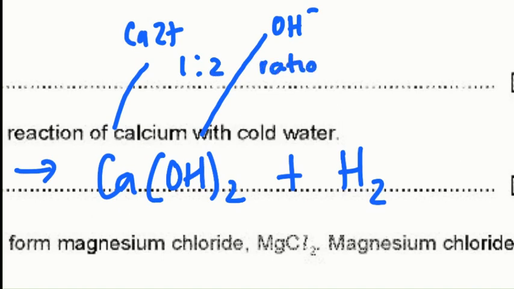And the reason why we put it in brackets is because if we put calcium hydroxide like this and we said we want 2 hydroxides, this is actually 1 calcium, 1 oxygen, and 2 hydrogens, and that's no good for us. We need it to say 1 calcium and then our hydroxides, but we need to keep the hydroxides together and double them. That's why we put it in brackets.